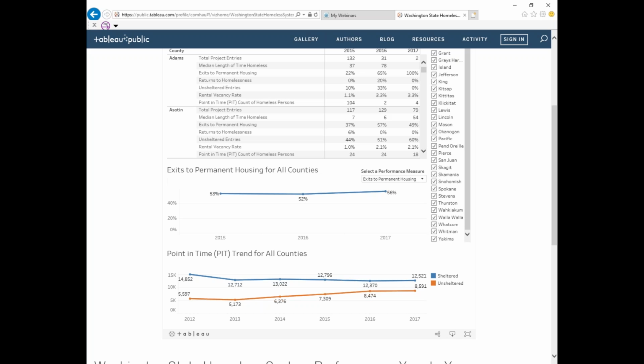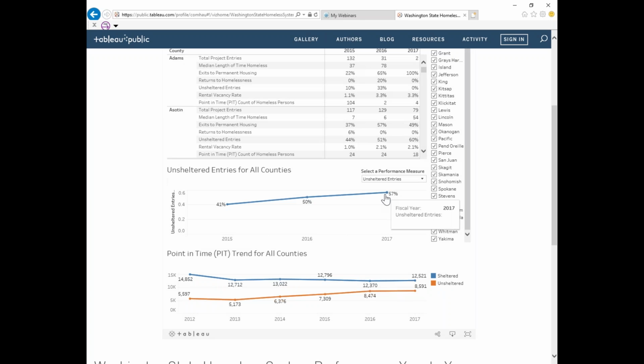So right now I'm looking at statewide data. I just selected exits to permanent housing. So you can look at all the different measures. If you wanted to look at unsheltered entries, see we're making steady progress there. And then down here is the point in time count.